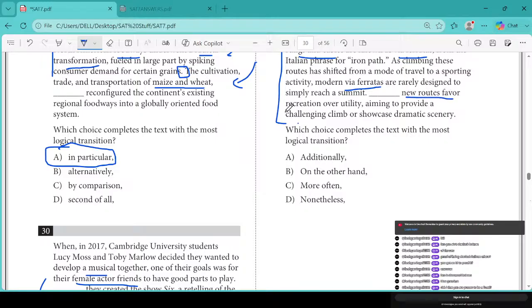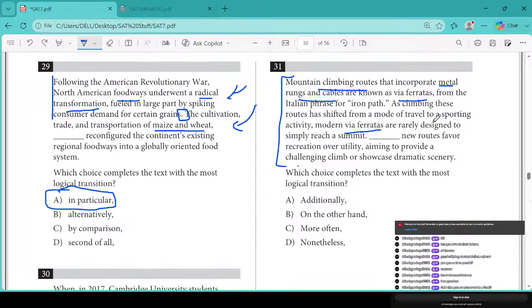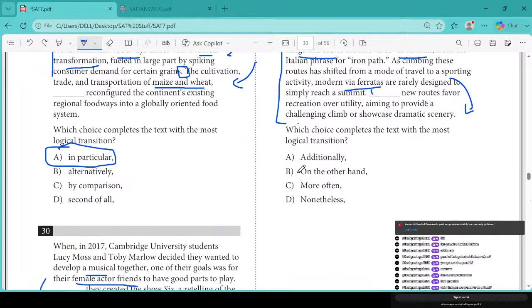New routes favor recreation over utility, aiming to provide a challenging climb or showcase dramatic scenery. So this is describing a shift. These two are different, so it would be something like however, right? And the one closest to however here is on the other hand.